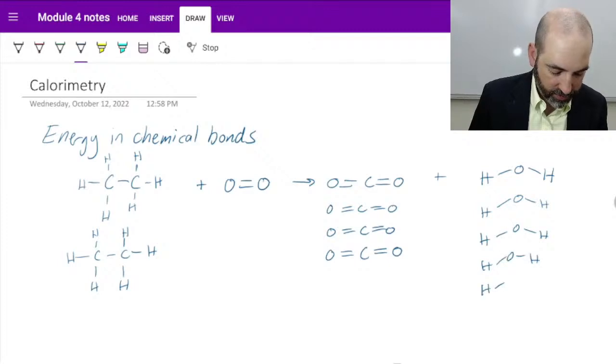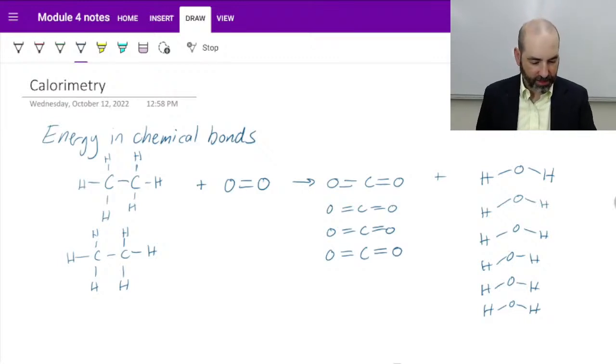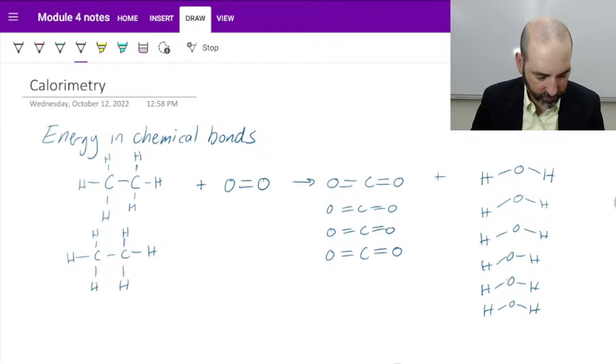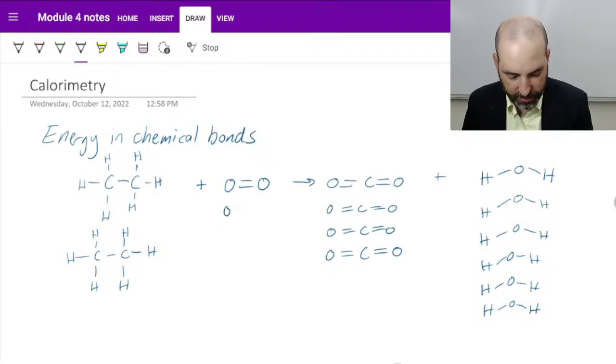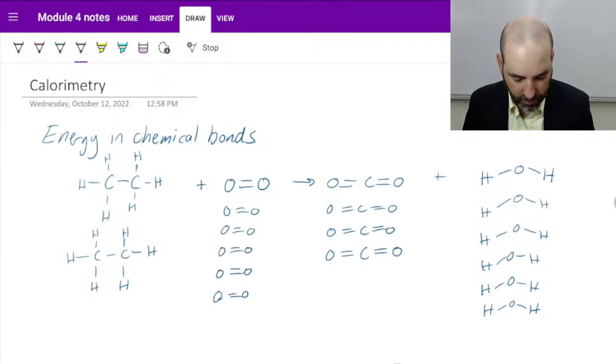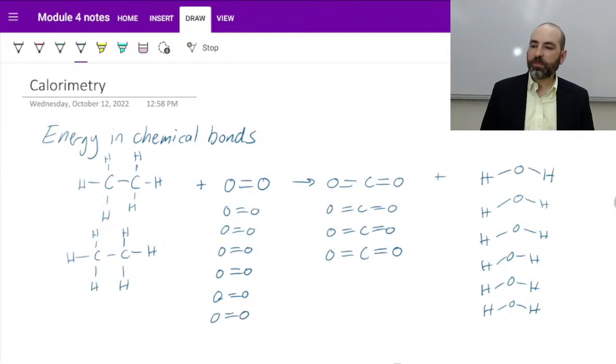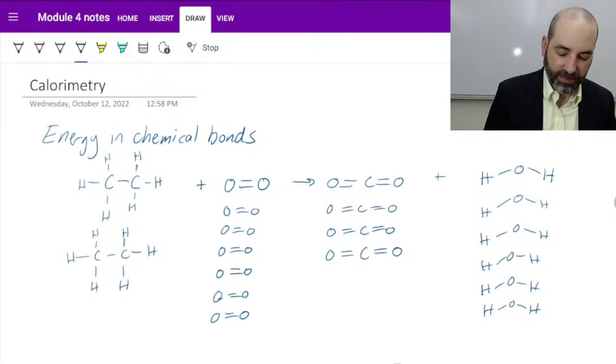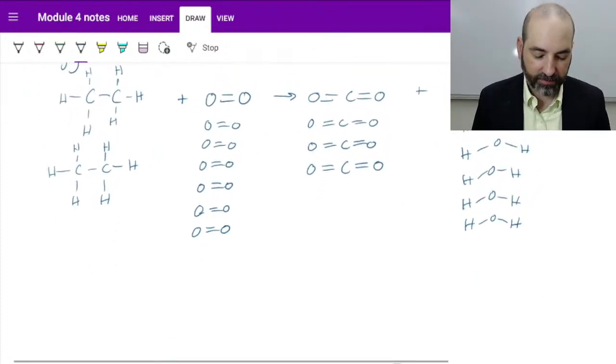So 6 waters. Okay, I think that's all balanced. So our total number of oxygens that we have to add over here now is 14 oxygens. So we need 7 of these. There we go.